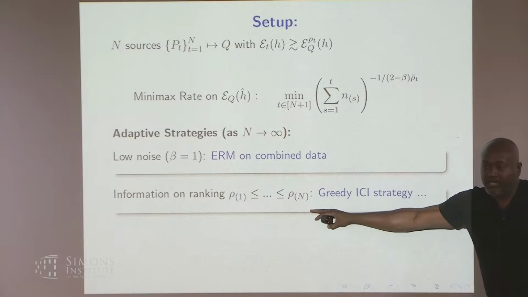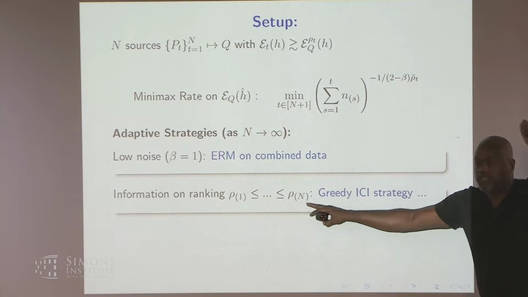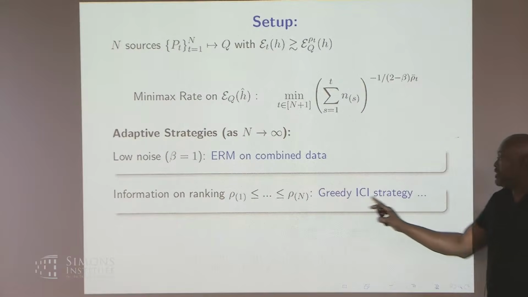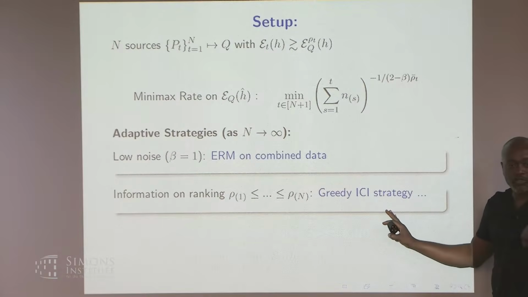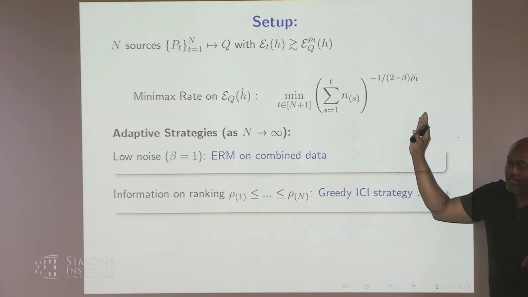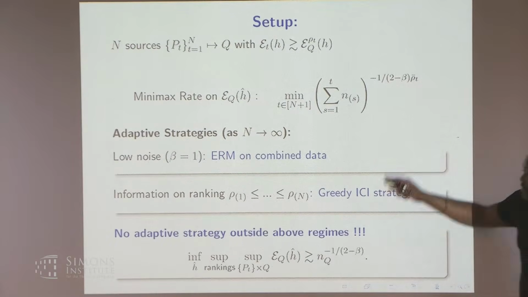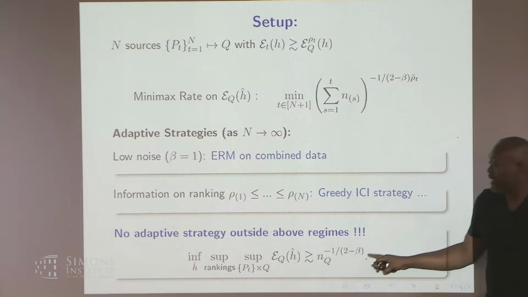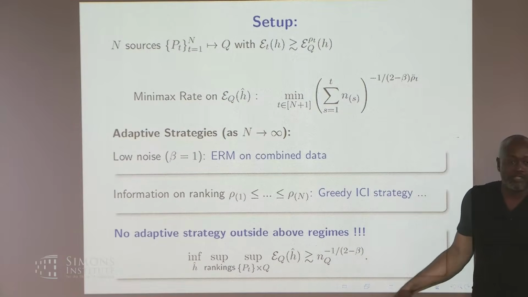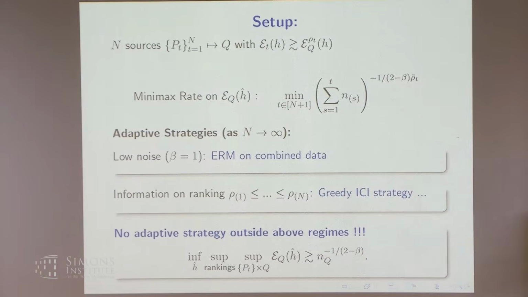If there is a ranking, where you only told me which source is closest to the target but not the exact closeness, there is a greedy strategy that also achieves the rate. However, outside of this, no algorithm exists that can achieve a rate better than one in terms of a single sample size, which seems to say that multi-source learning in the unstructured regime is impossible.